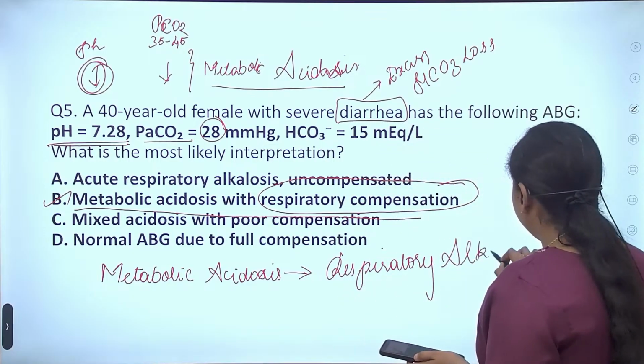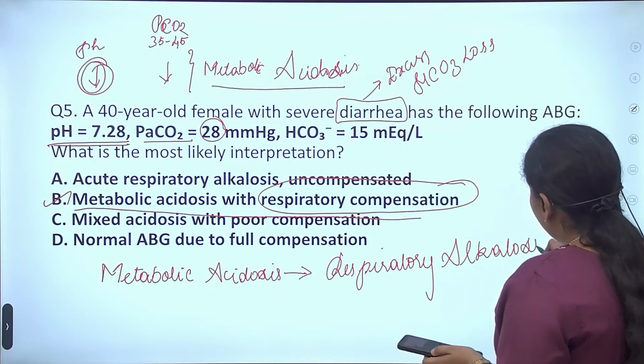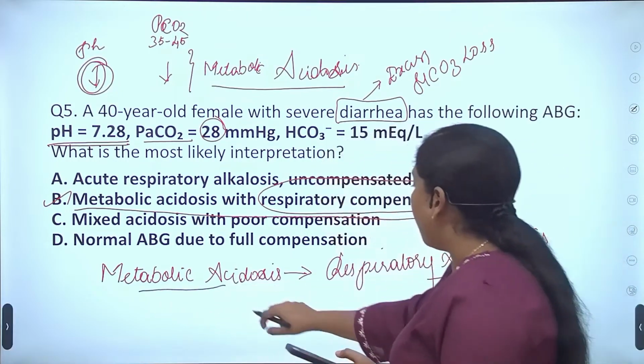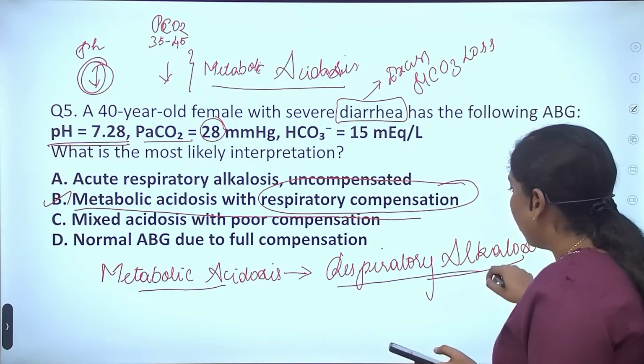So in case of respiratory alkalosis, what will happen? Whomsoever answering hypoventilation, it is incorrect. Hyperventilation is correct. Metabolic acidosis, the opposite compensation reaction is respiratory alkalosis.